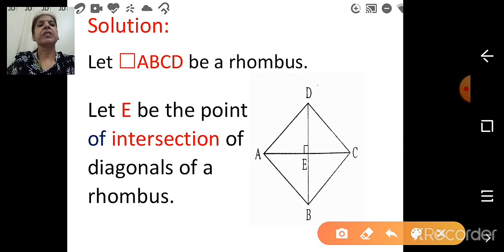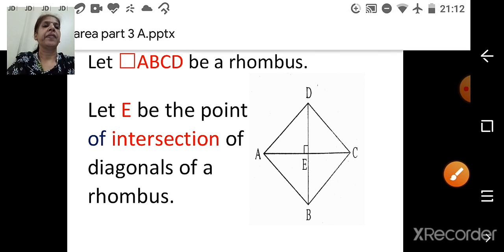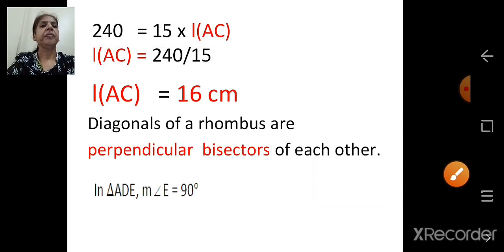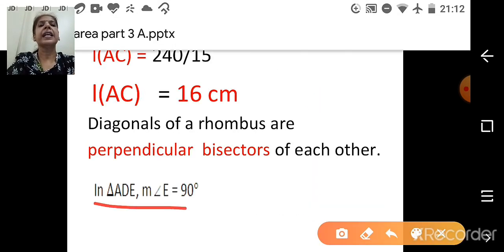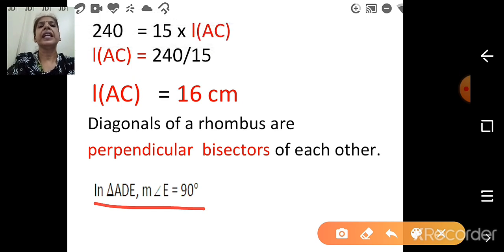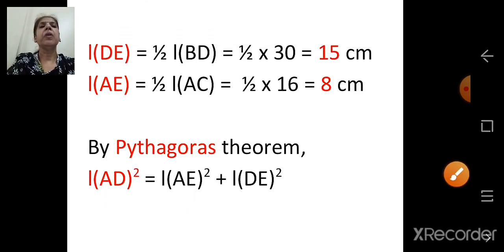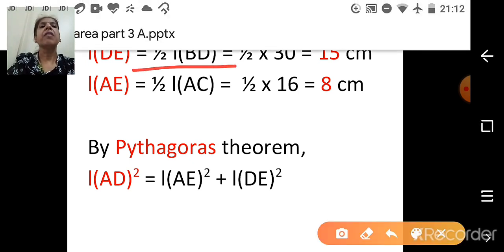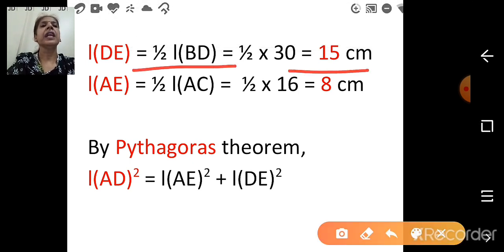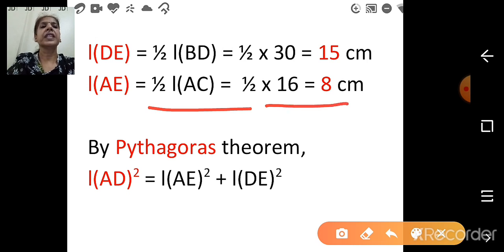So in triangle ADE, measure angle E is equal to 90 degree. Now DE is half of BD, that is half of 30, 15 centimeter, and AE is half of AC, half of 16, that is 8 centimeter.